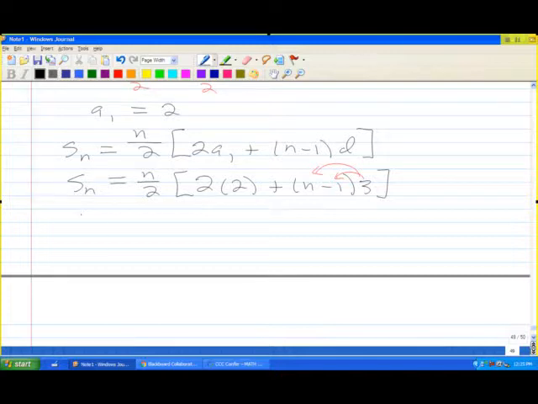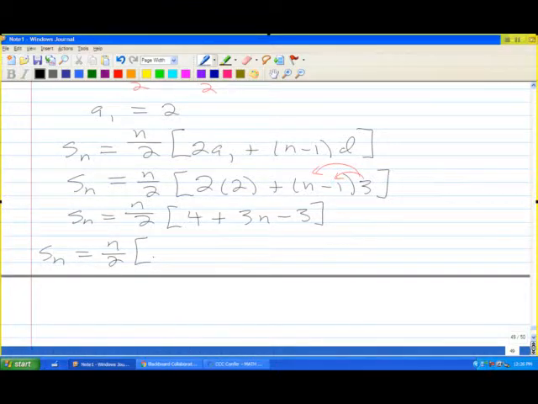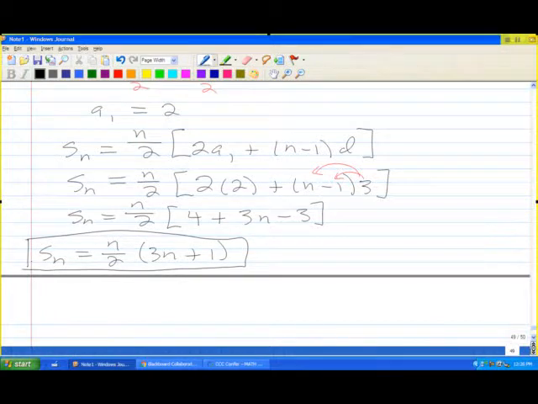And so I get 4 plus 3n minus 3, which is equal to n over 2 times (3n, 4 minus 3 is 1). And so if I add the first n terms of this series, it's just n over 2 times (3n plus 1). And that's my formula for the sum.